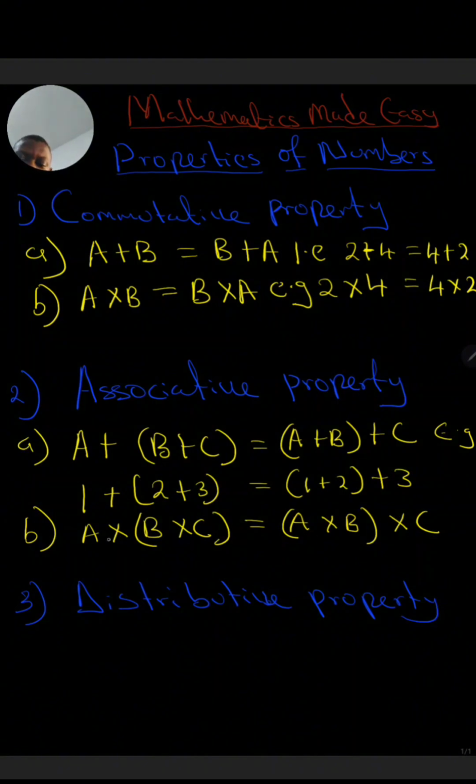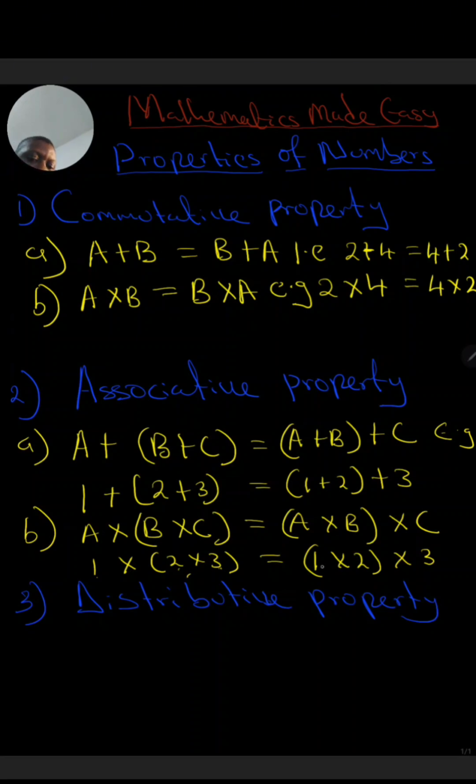So if you have 1 times, open bracket, 2 times 3, it is still the same thing as writing 1 times 2, close bracket, times 3. Let's check it out. 2 times 3 is 6. To clear this bracket, you multiply by an invisible 1. 6 times 1 is 6, so 6 is your final answer.